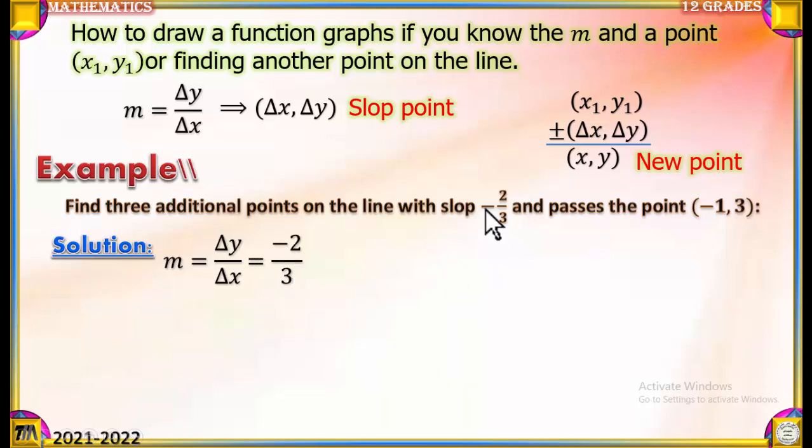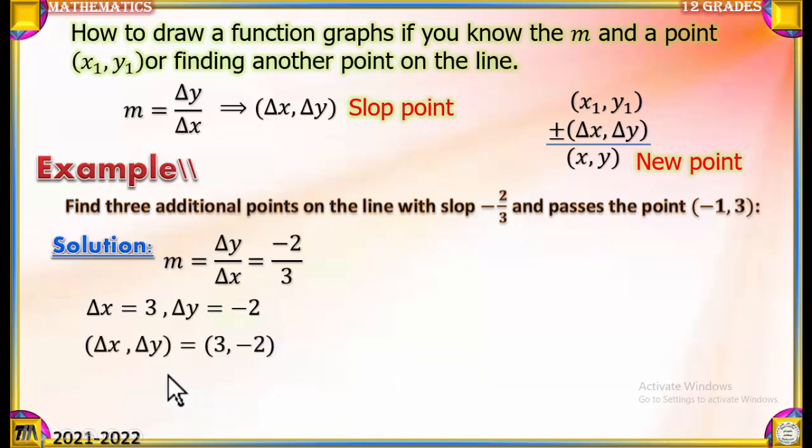Every time take the minus with the numerator. And delta y is equal to minus 2 and delta x is equal to 3. Then the slope point is (delta x, delta y), which is (3, -2).